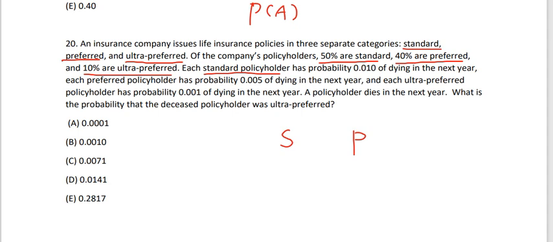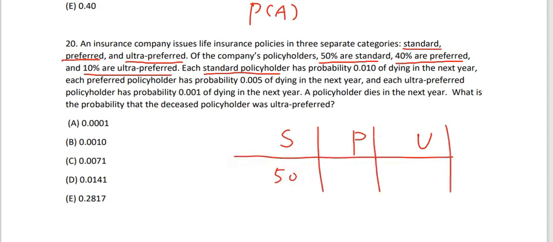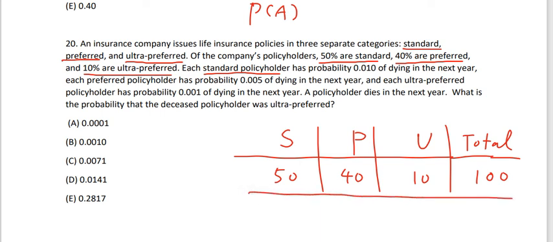We can regard it as 50 people are S, 40 people are P, and 10 people are U, so totally 100. We split 100 people into 3 parts.